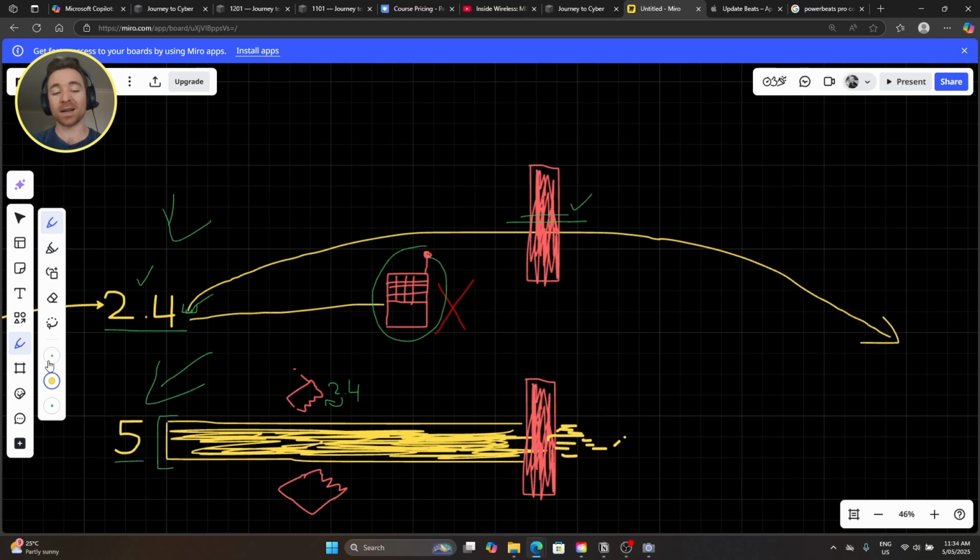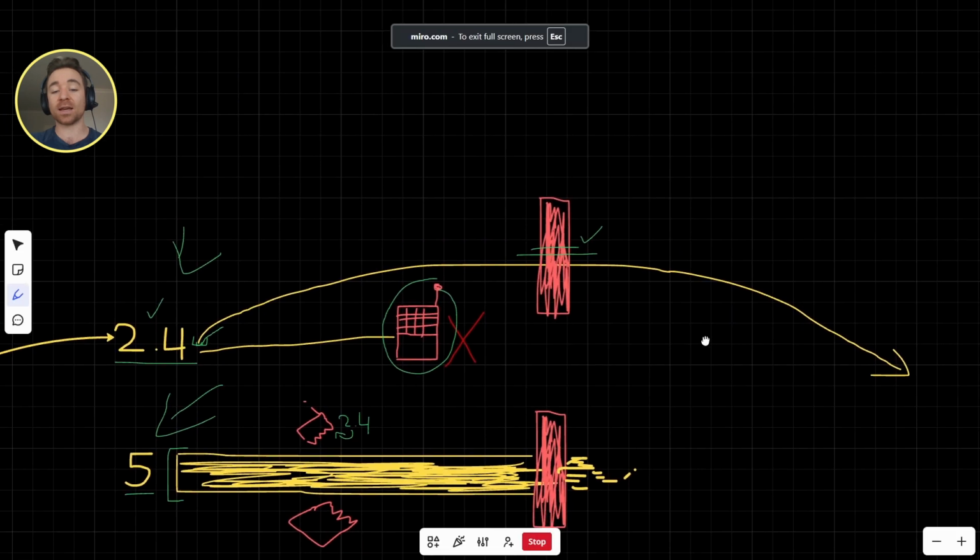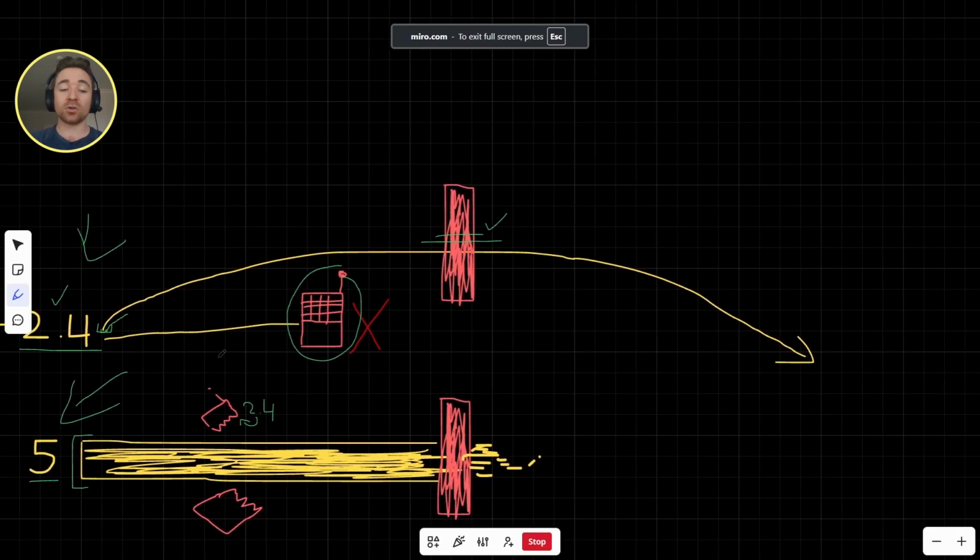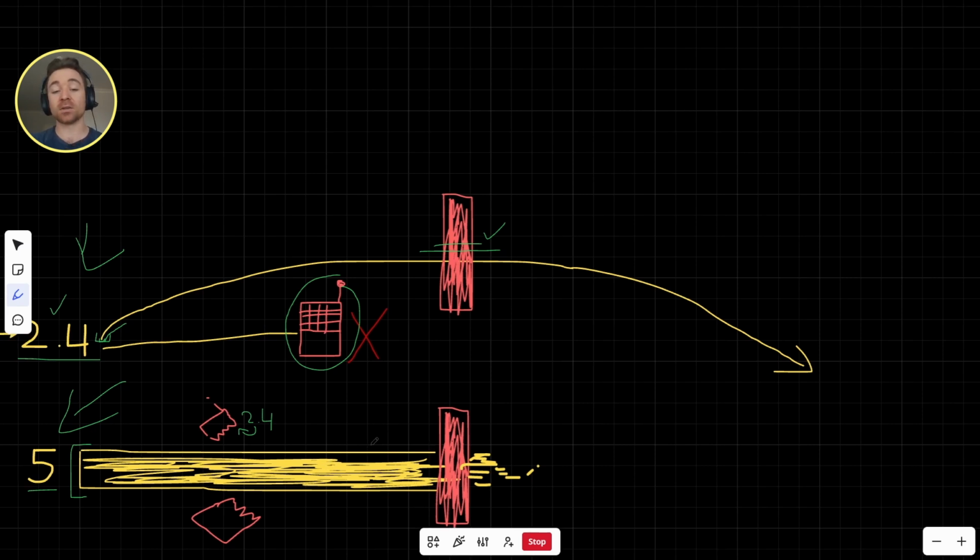So for your exam, I guess what you need to think about is that 5 gigahertz has a much faster rate of data transfer, can transmit much more data at once, and is not susceptible to interference. However, it's not as effective at going through walls. So it's almost the opposite problems of 2.4, right? 2.4 can go a long way.